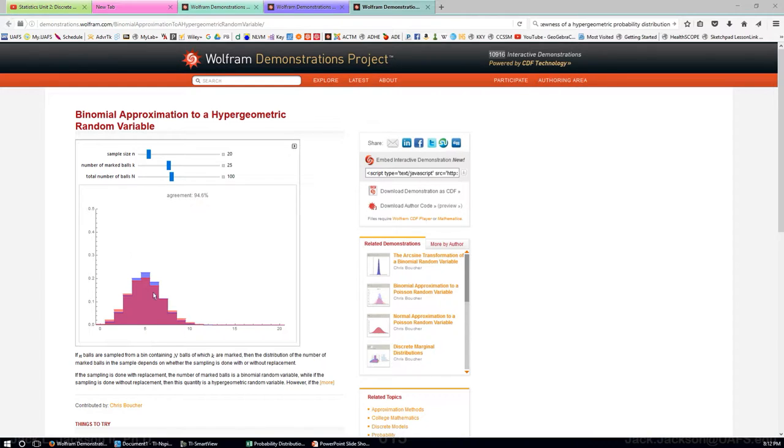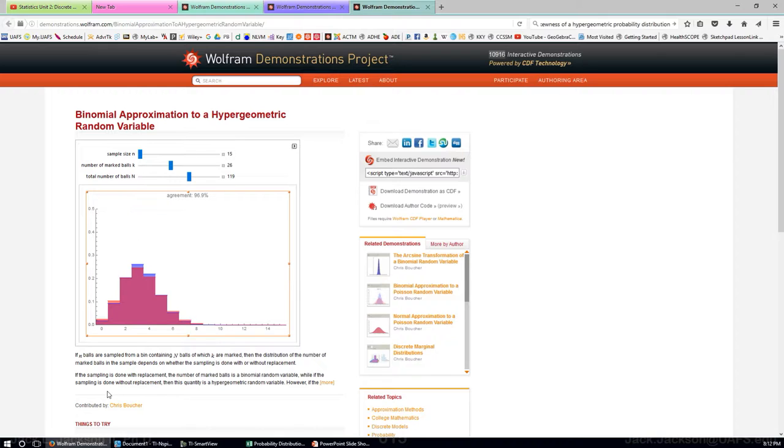This is showing a binomial and a hypergeometric together. So again, this is the total number of balls that we have, total number of items in the population, and this is the number of successes, and this is the sample size. Let's put it down fairly low at just 15.